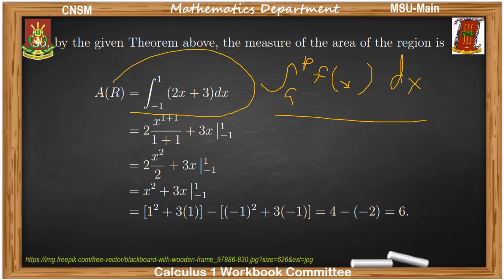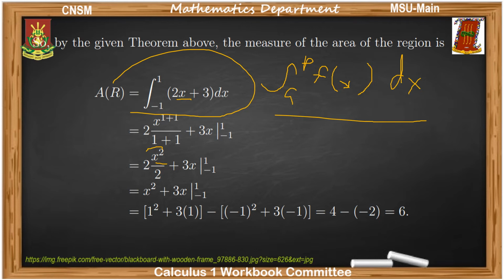So first, the 2x plus 3: the 2x is equal to x squared, because the antiderivative of 2x is x squared, and the derivative of x squared is 2x. If we transfer the 2 here, 2 times 1 would be 2 and 2 minus 1 would be 1.